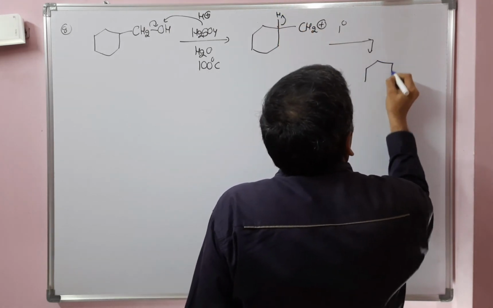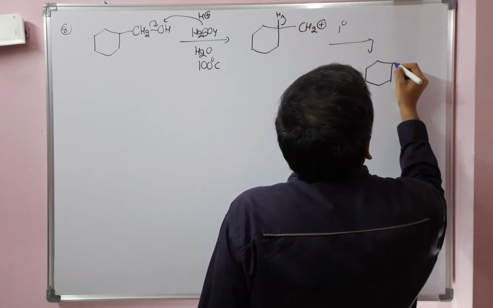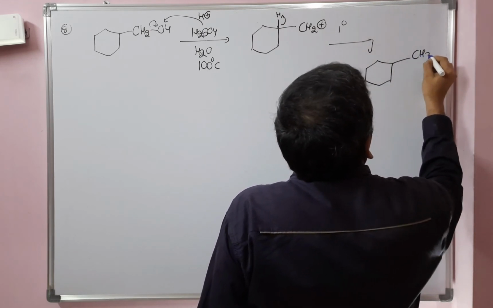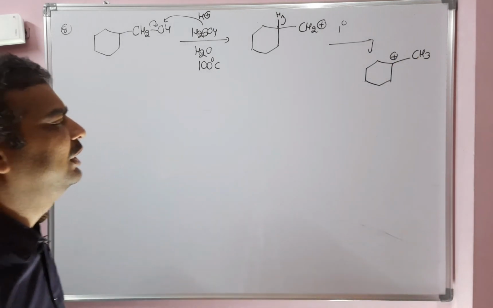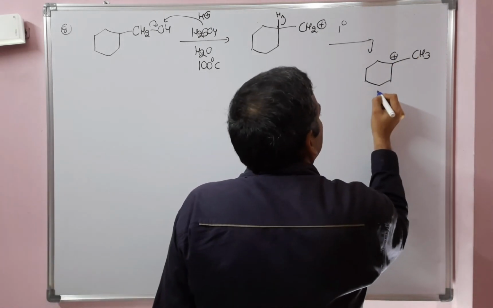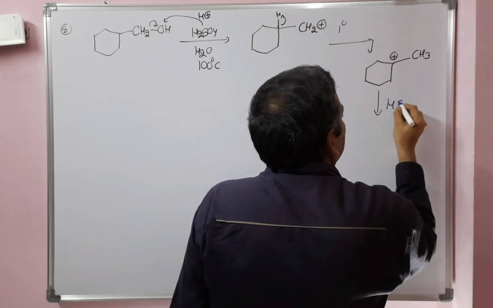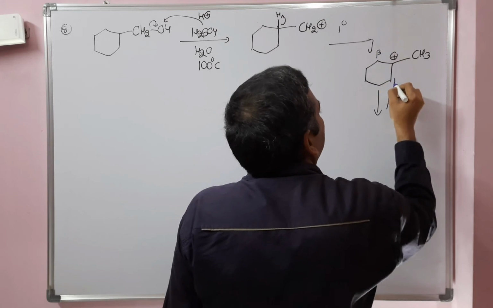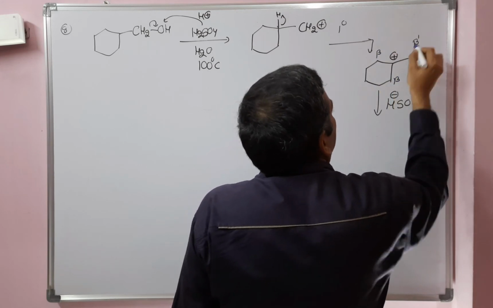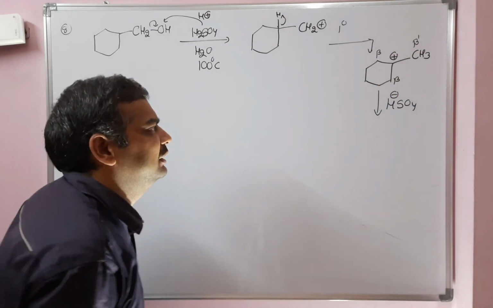After that, what is happening here? Cyclohexyl, CH3 and then a positive charge. Now here two possibilities: HSO4 minus will abstract a proton. Here again, beta and beta prime. Beta is the same, beta prime is different.